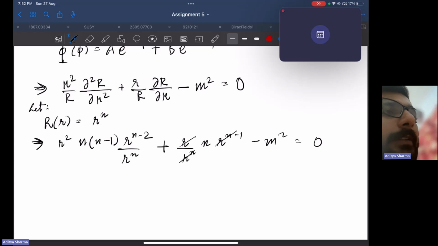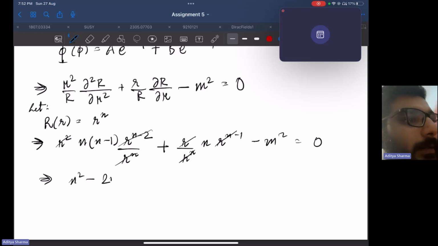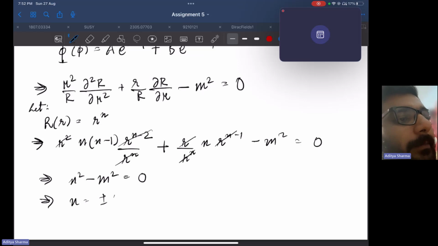You see all these cancel, and we are going to get n square minus n plus n minus n square is equal to 0. That is n square minus n square equals 0. So n is equal to plus minus n.